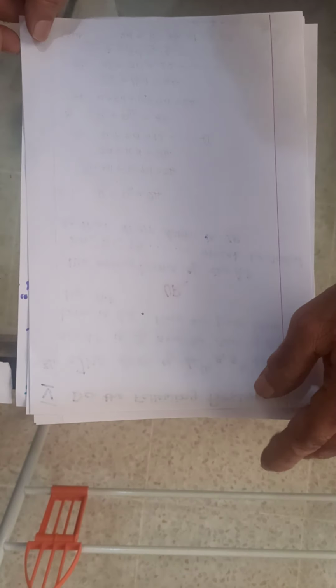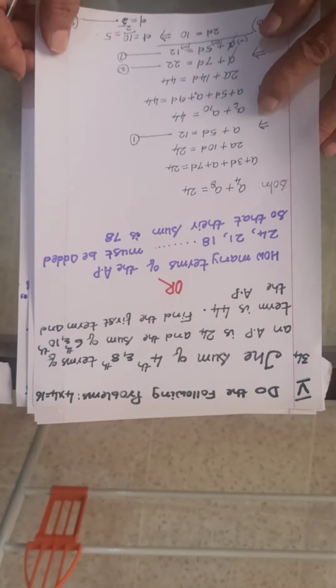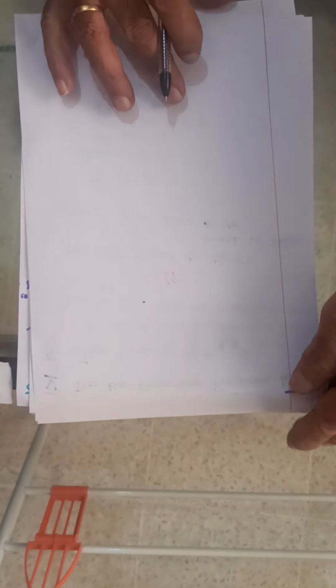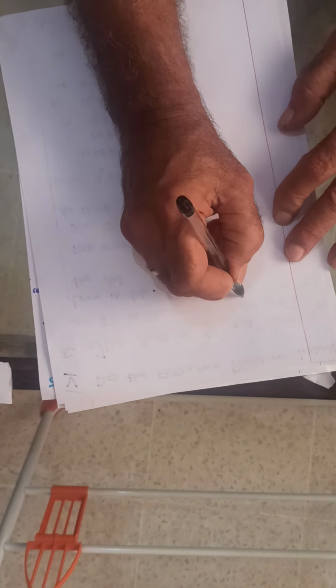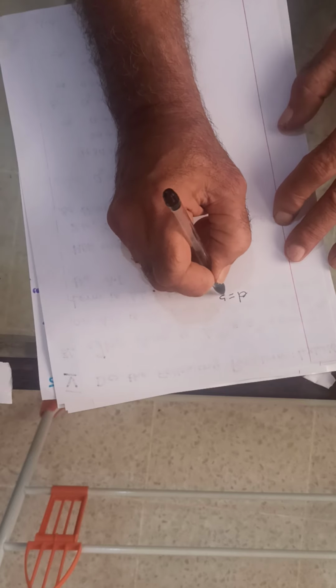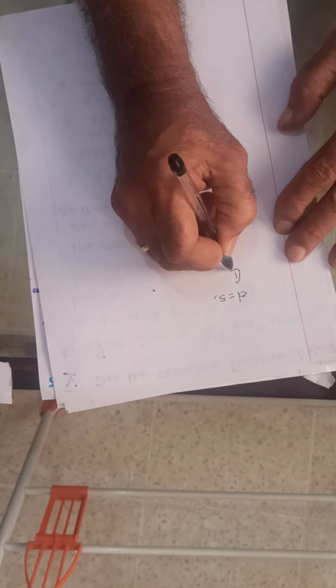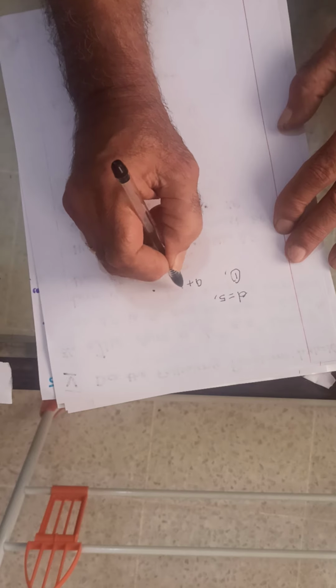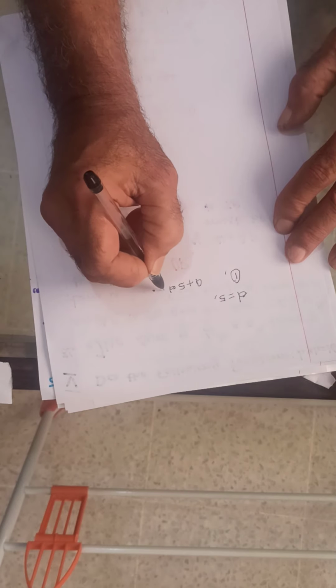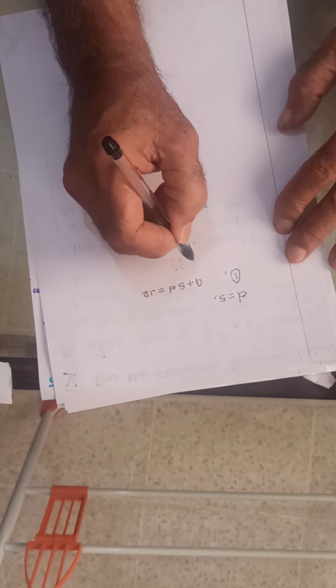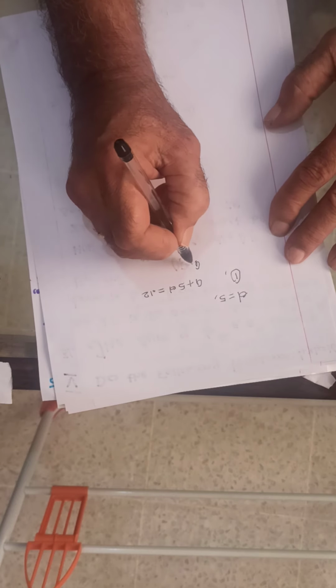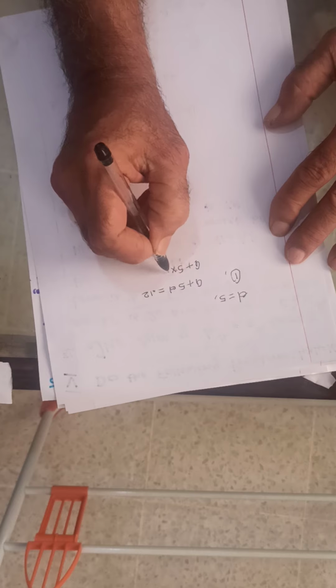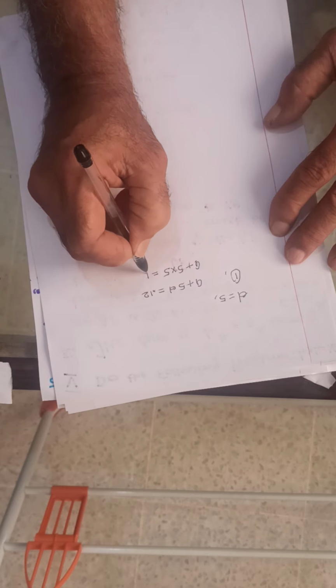Now this value of D is substituted in equation number 1. What is equation number 1? A plus 5D is equal to 12. We got the value of D equal to 5. Therefore, A plus 5 into 5 gives you 12.